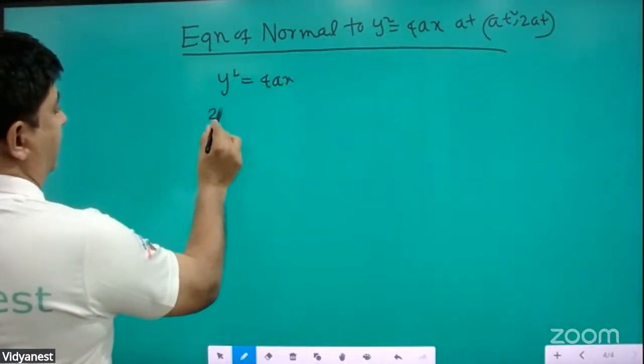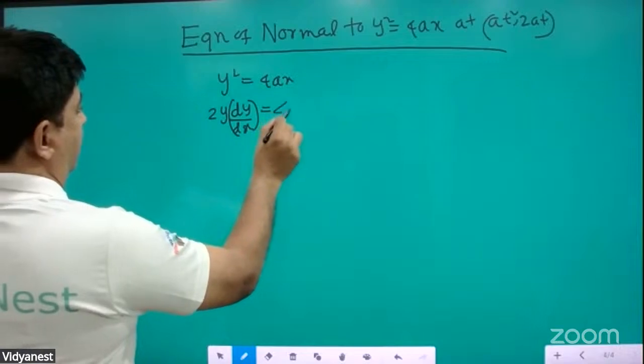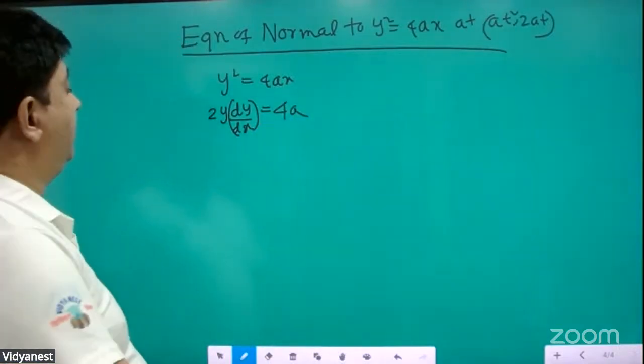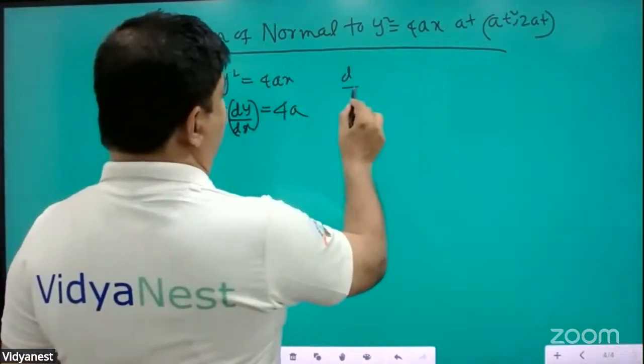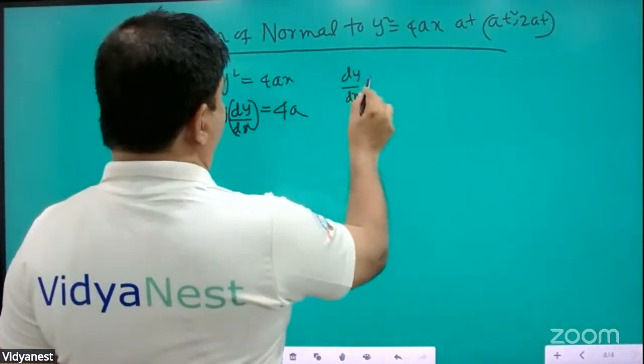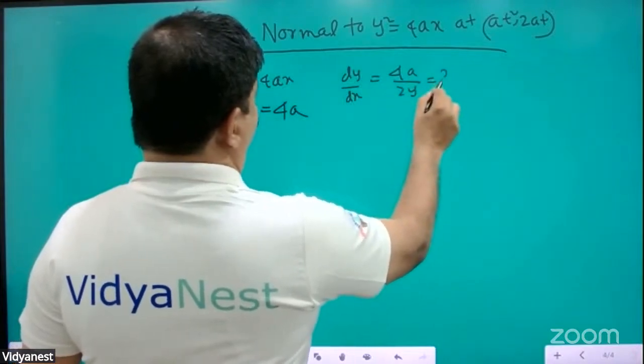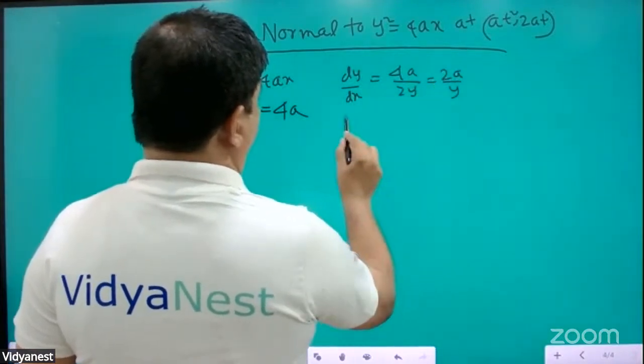You differentiate, you will get 2y dy/dx is equal to 4a. Now, what is dy/dx? dy/dx is 4a by 2y, that means 2a by y.